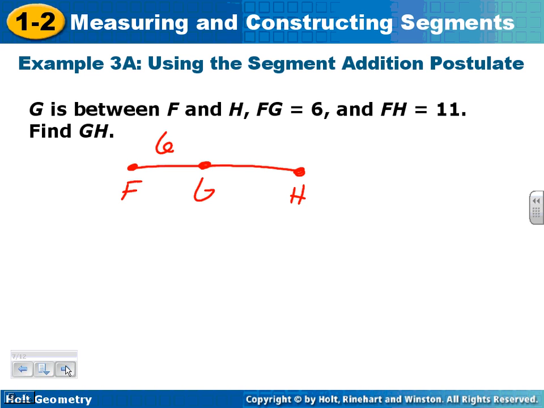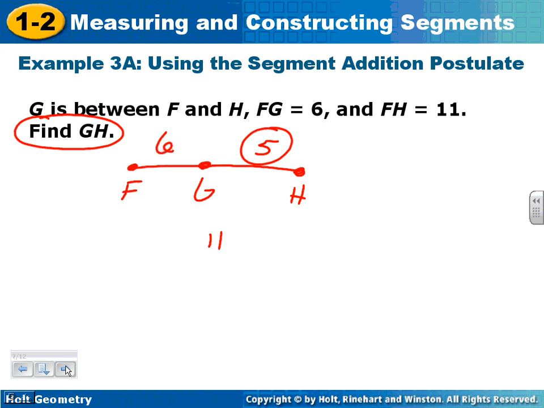FH is 11, so I'm going to put my 11 down here. So find GH, find the length of GH. We'll see if the whole thing is 11. This much is 6. My answer has to be 5. The answer is 5 because 6 and 5 add up to the 11.